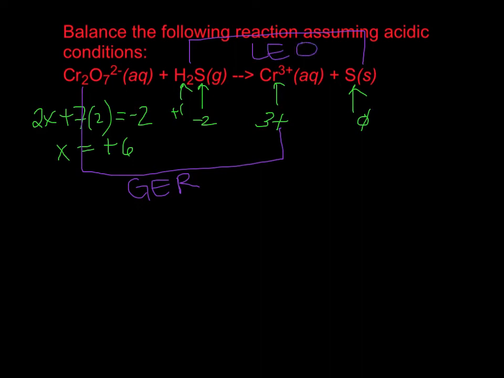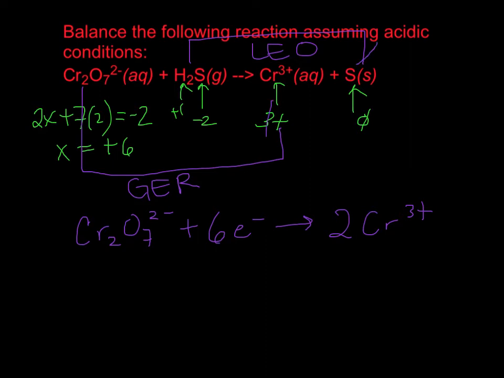All right, so our next step is that we want to set up our half reactions. So we can go ahead and say that Cr2O7 2-, we're gaining electrons, and we have 2 chromium atoms that are each gaining 3 electrons, so we need to add 6 electrons to go to 2 chromium 3+.